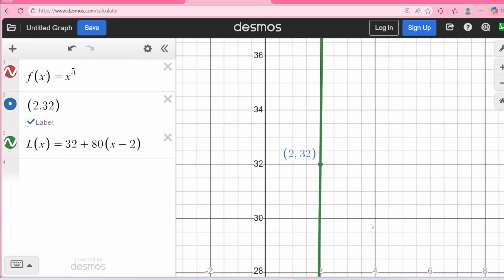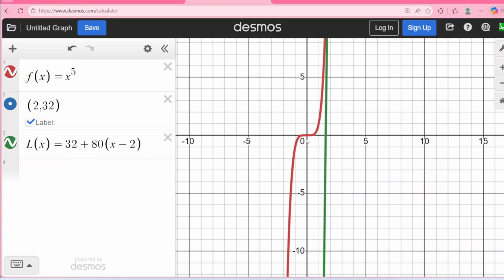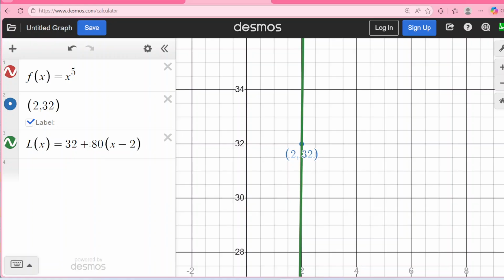Now, obviously, the further away you get, it's not always great. Like down here near 0, this tangent line at 2 is not near the graph at 0. But at the point 2, 32, the tangent line and the function itself are incredibly close.